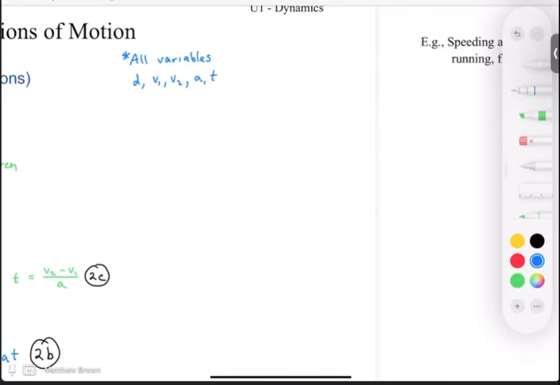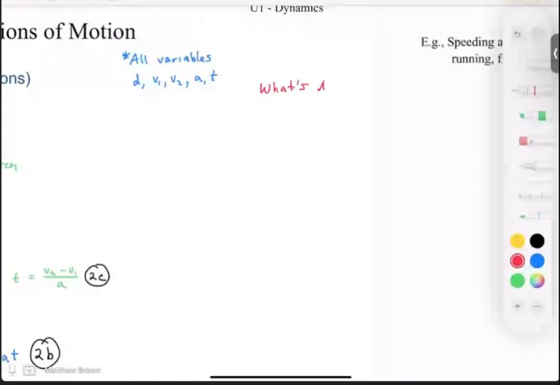These are all the things that are involved in these constant acceleration problems. So I like to ask, what's not there? You look at equation 1. What's missing? There's no a term here.